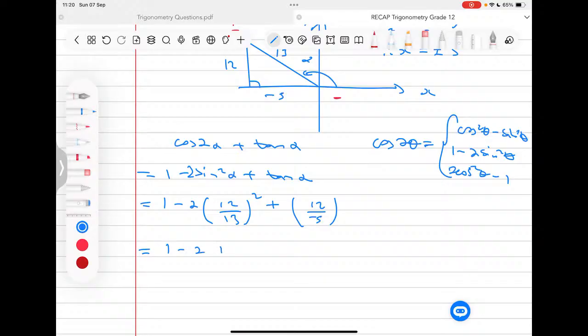Here we're going to have 2 times 144. 13 squared should give me 169, and I'm going to have here 12 over 5. So this one here would be negative 5, because the negative and the positive there will give me a negative.